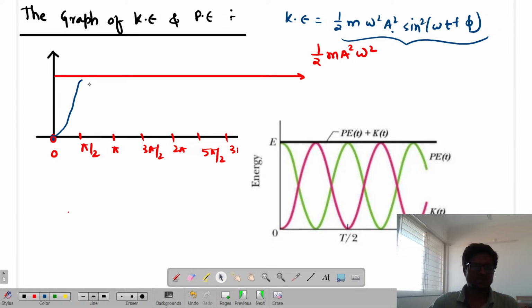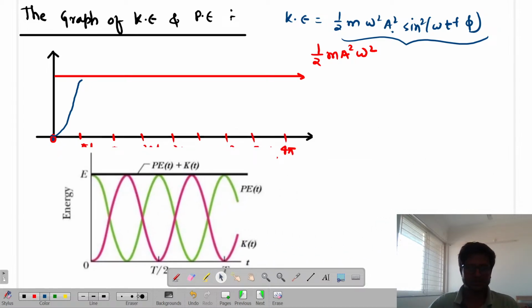ठीक है ना? तो ध्यान से देखो, let me just erase this.